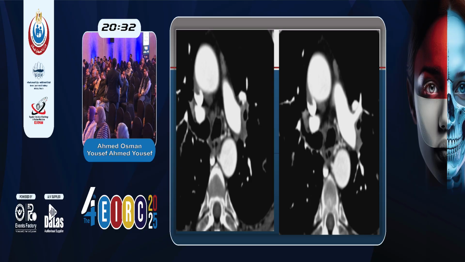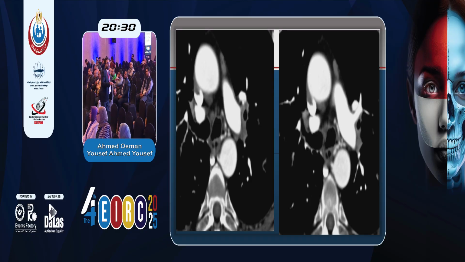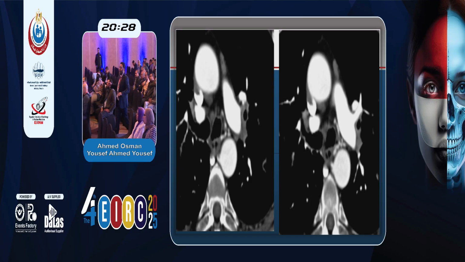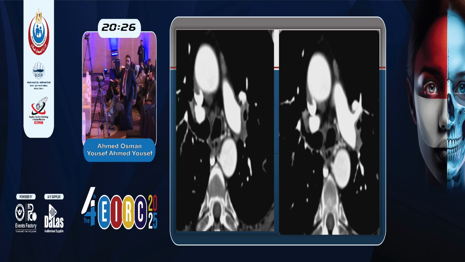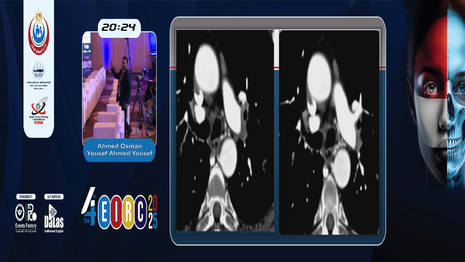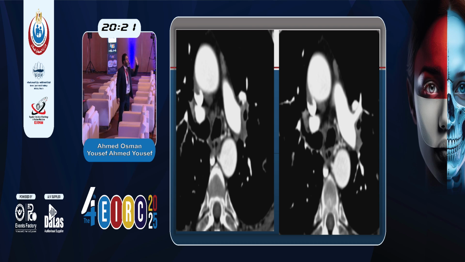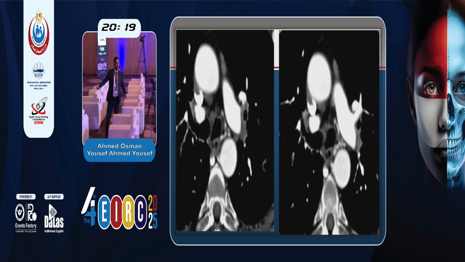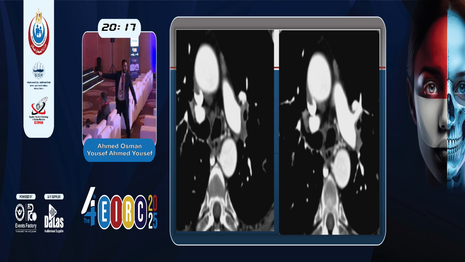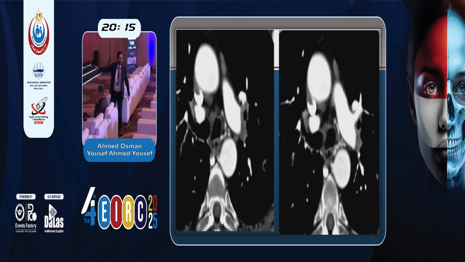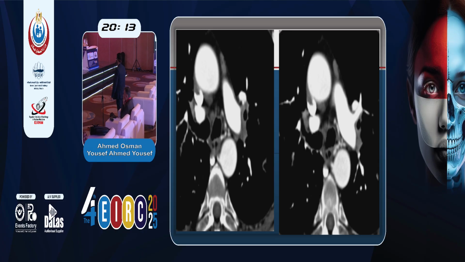A very easy clue: we have no branches from the descending thoracic aorta. So if you see any branching arising from the descending thoracic aorta, this is a pathological bronchial artery. And this is life-saving for the patients if it is embolized by the interventional radiologist.